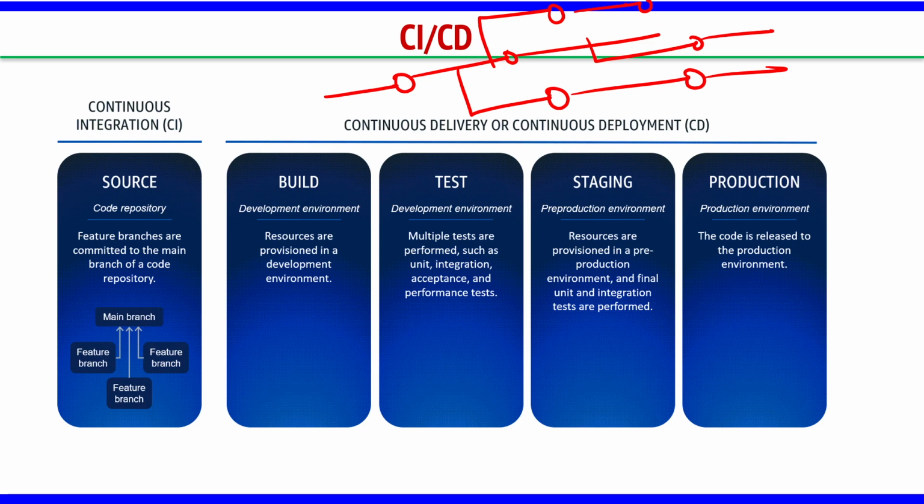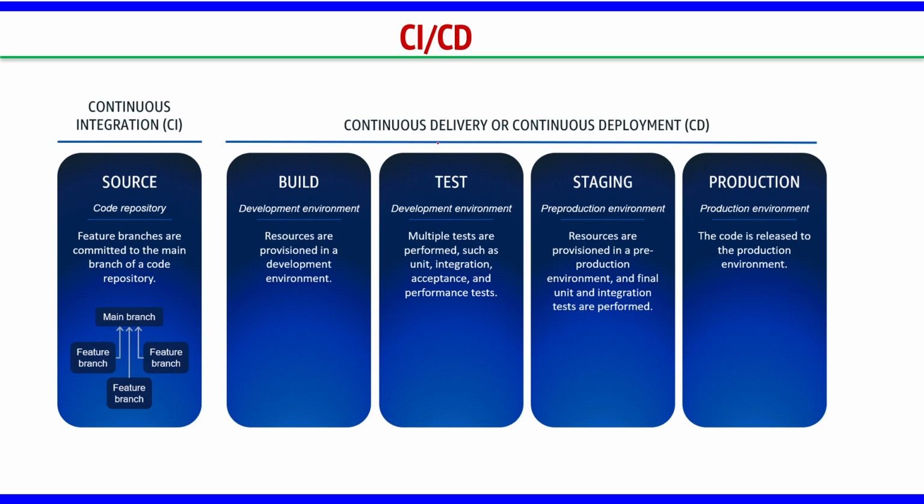So merging these feature branches together into the main branch, this part comes under continuous integration, right? See, feature branches are committed to the main branch of the code repository. That is continuous integration. Whereas in continuous delivery or deployment, these phases come: build, test, staging and production.